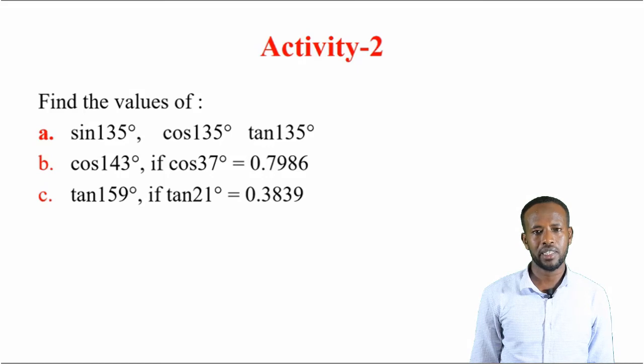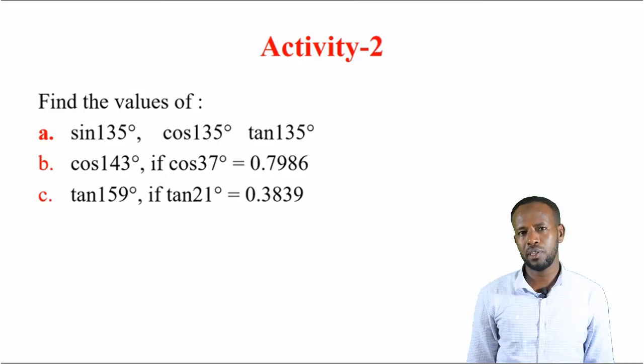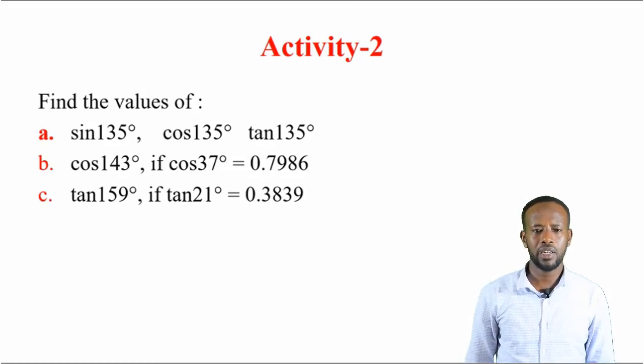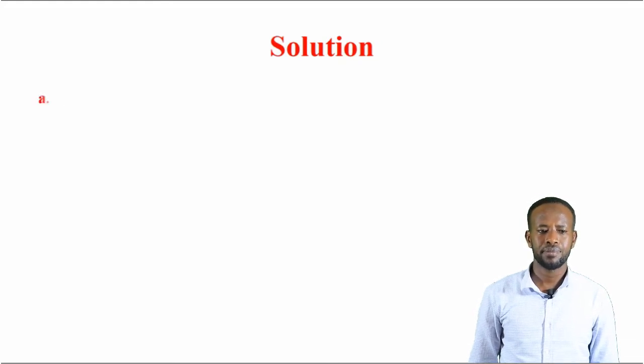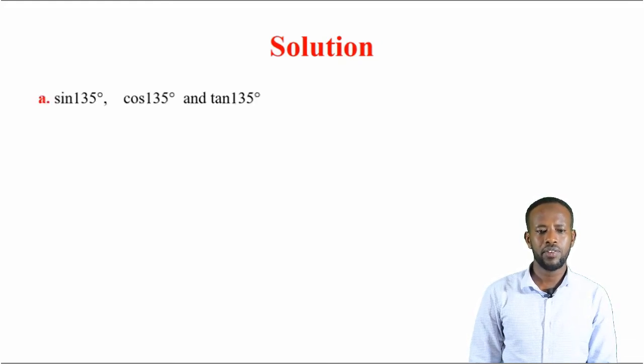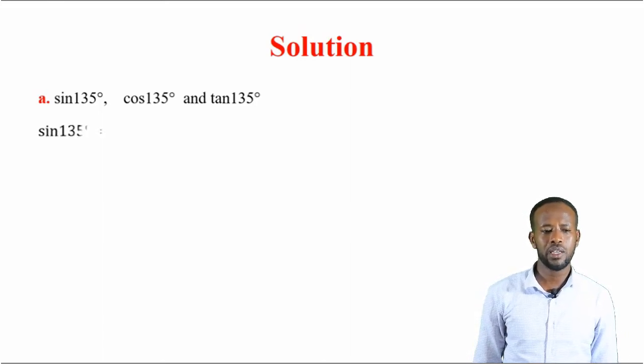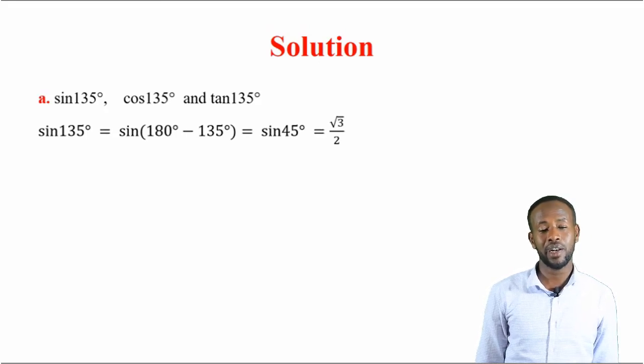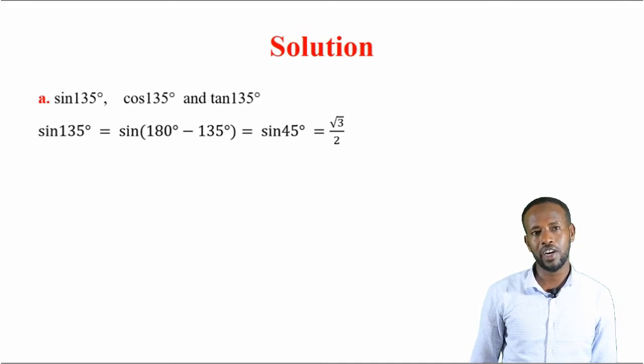Okay, now let us come back to our lesson. I hope that you have tried. Now let us go through the solution. Find sine of 135 degrees, cos of 135 degrees, and tan of 135 degrees. We will say sine of 135 degrees: the angle 135 degrees is in the second quadrant. So if it is second, we subtract it from 180 degrees to find the reference angle.